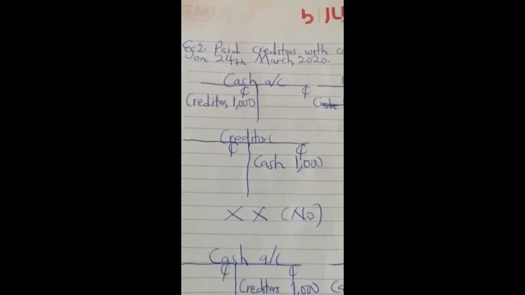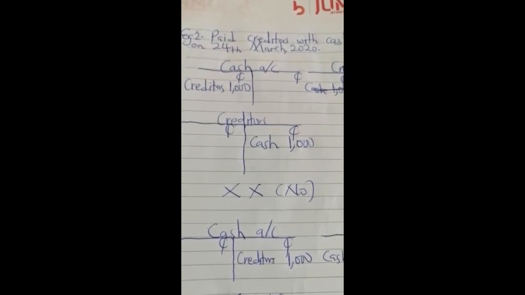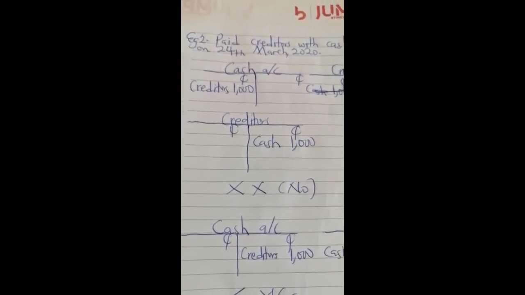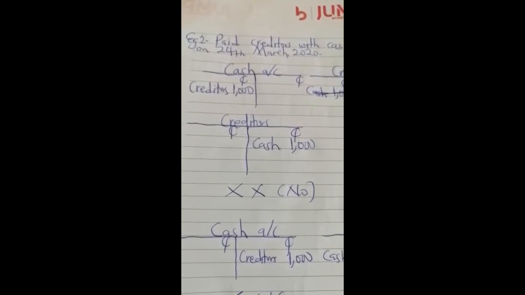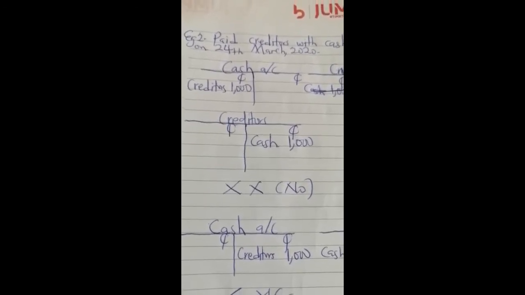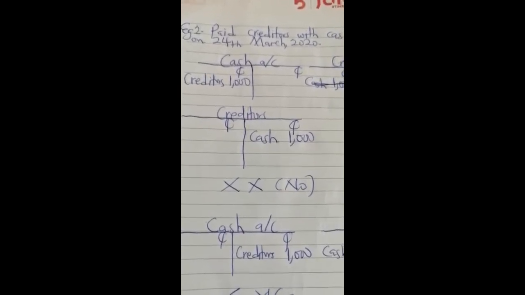So this is the normal thing which comes to mind when you meet a problem like this. We always want to credit the cash account in the name of creditors and debit.